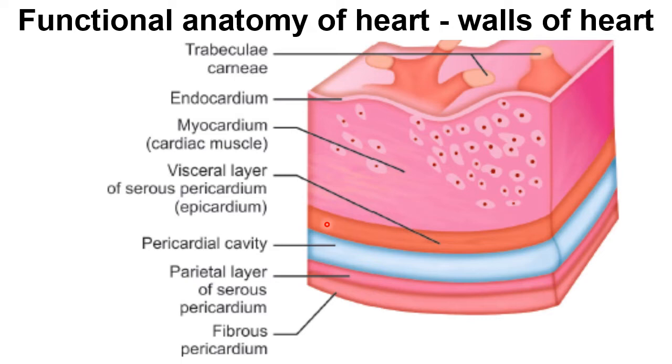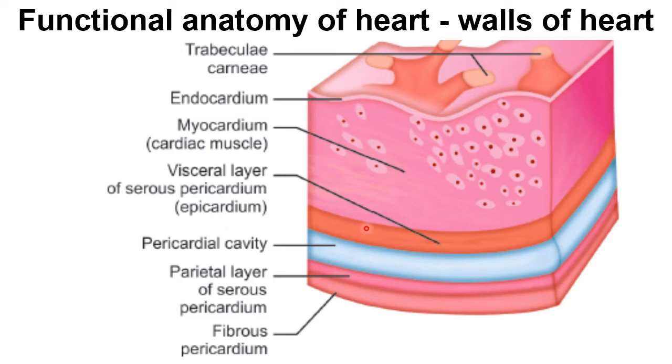The inner layer is called serous pericardium, visceral layer, and then the outer layer is called fibrous pericardium or parietal layer of pericardium. Between the two pericardial layers is pericardial cavity, which is filled with pericardial fluid, which lubricates the movement of heart.